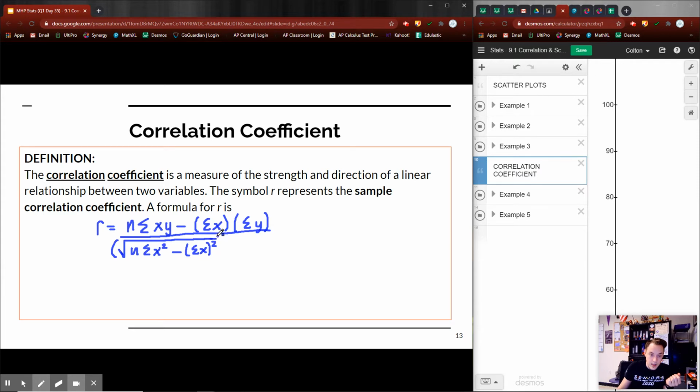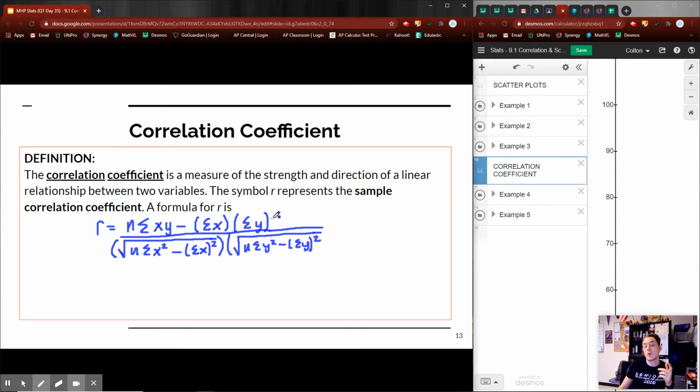And then I'm going to multiply that by the exact same thing, but with my y's. Now watch. My n times the sum of my y's squared minus my sum of y's, squared.